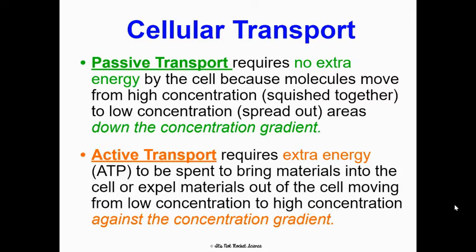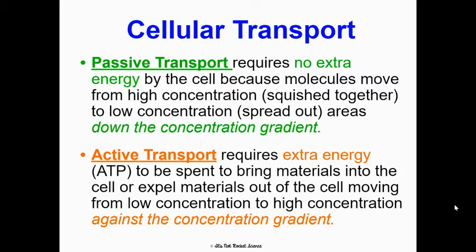Active transport, on the other hand, requires extra energy, and that's in the form of ATP, something we'll talk about a lot shortly after we get through cellular transport. And that extra energy is being spent to bring materials into the cell or expel materials out of the cell.